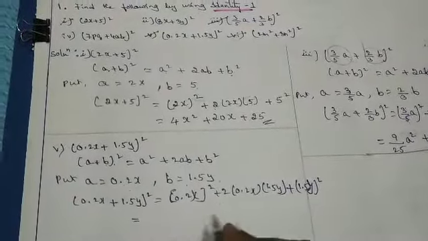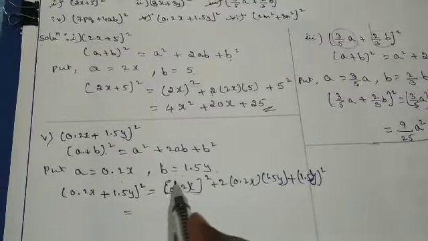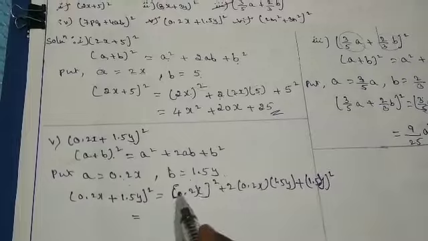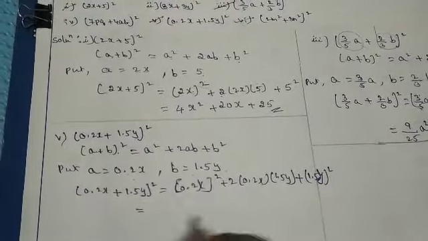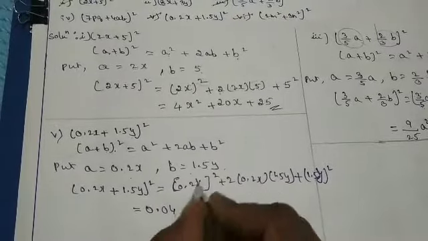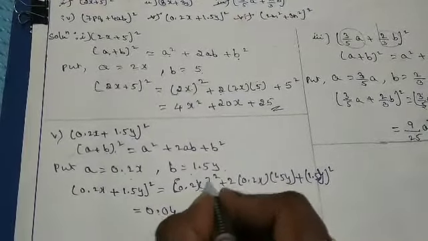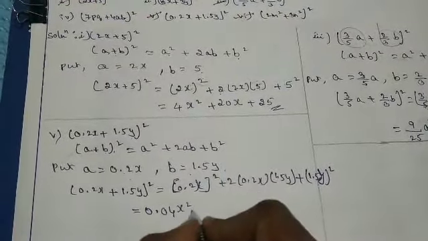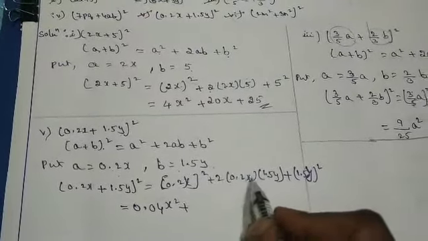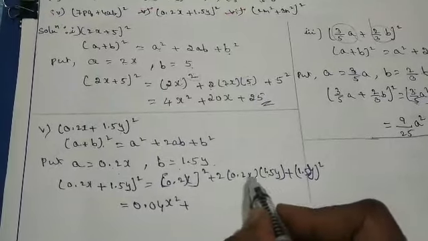Now be aware that here you have numerical coefficient 0.2. 0.2 whole square is, don't write 0.4, it is 0.04. Okay, and equate the square for the variable, x square.